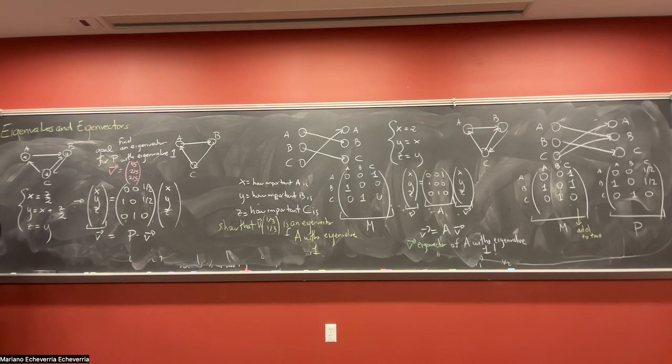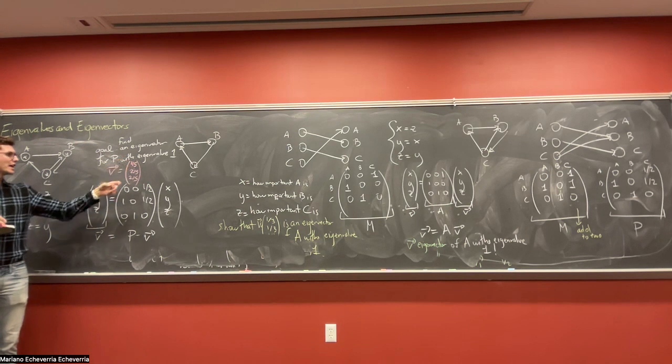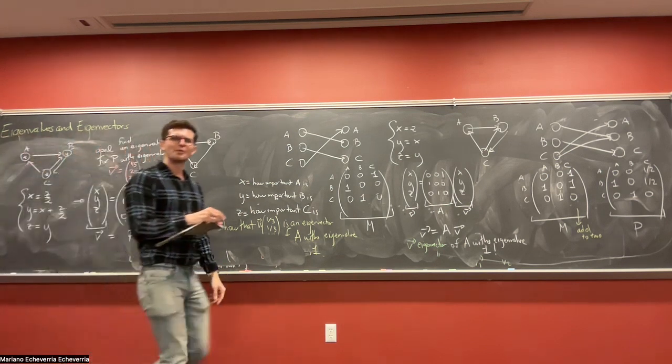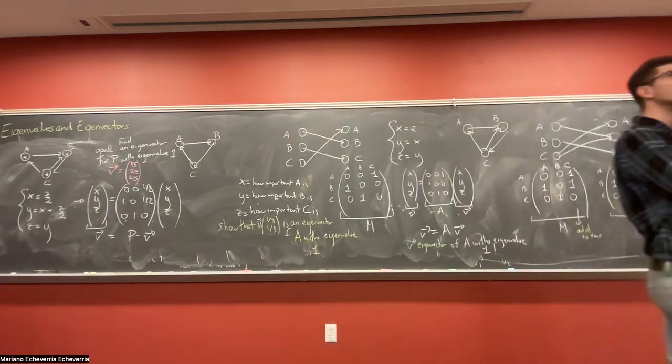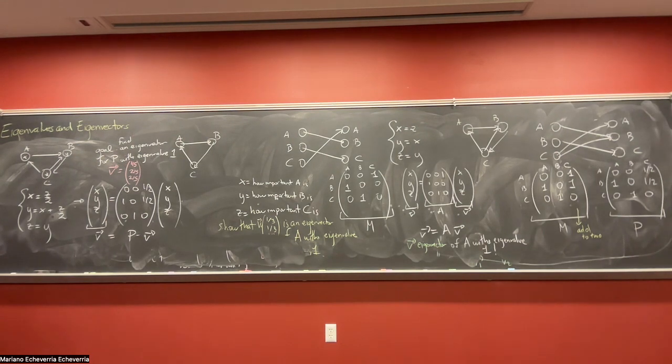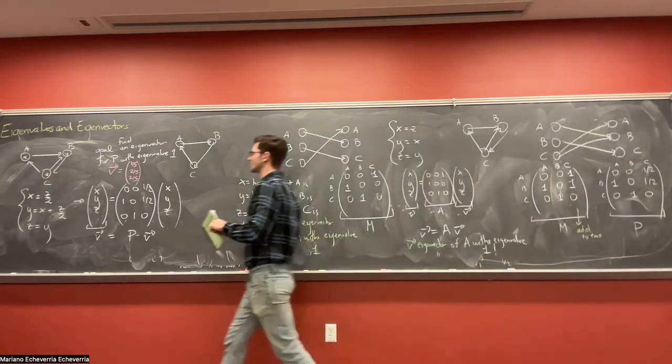That means that on average, you spend 20% of the time on website A, and the same amount of time on websites B and C, which is not super obvious based on how the graph is designed. It's an unexpected place where eigenvectors appear.